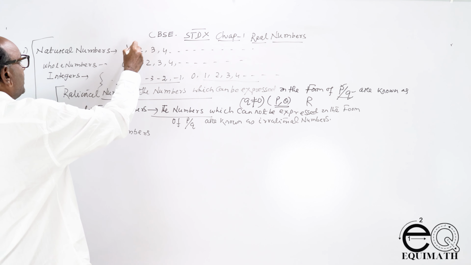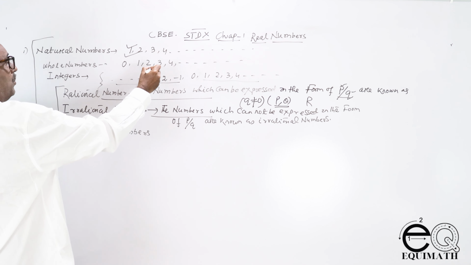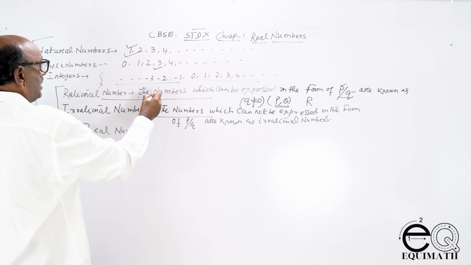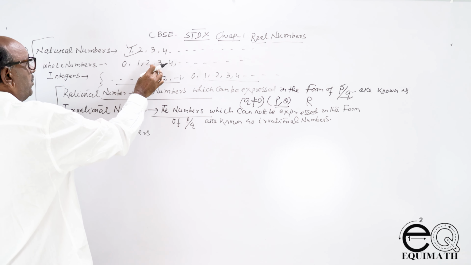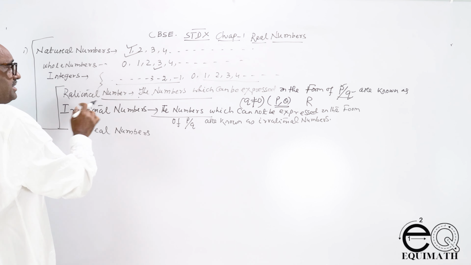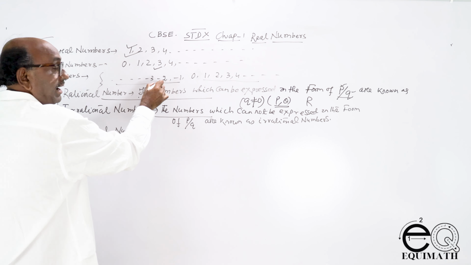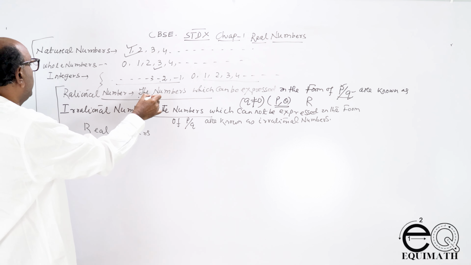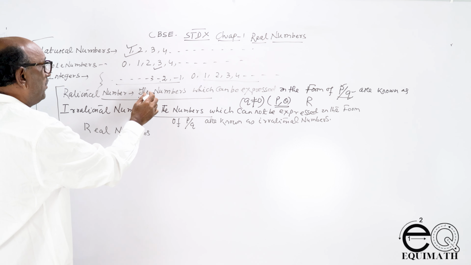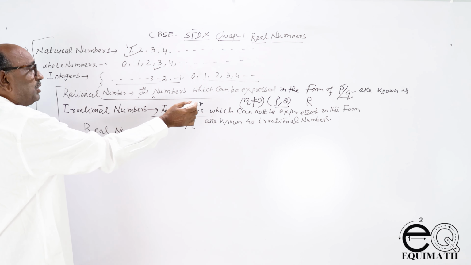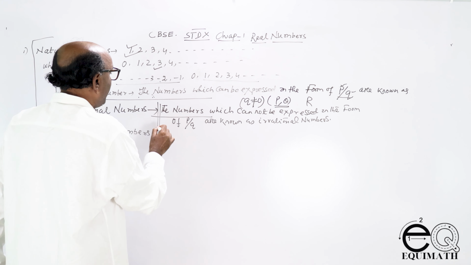Because all the natural numbers are rational numbers. All the whole numbers are rational numbers. All the integers are also rational numbers. And the number which cannot be expressed in the form of p by q is known as irrational number.